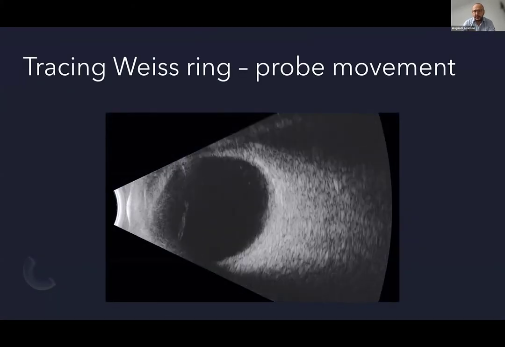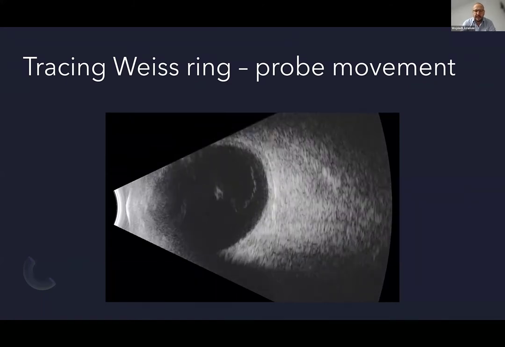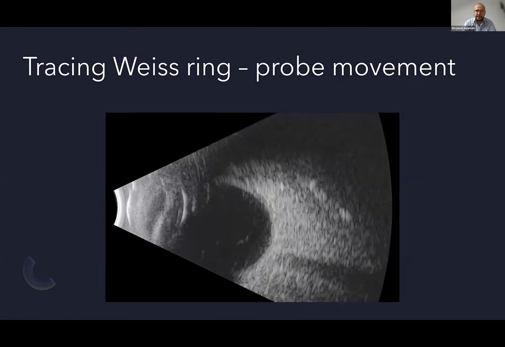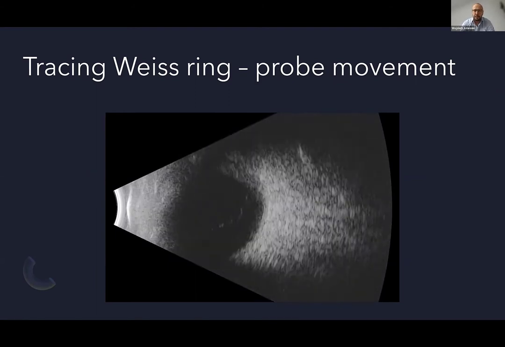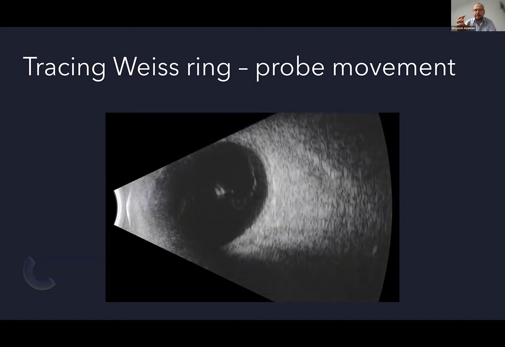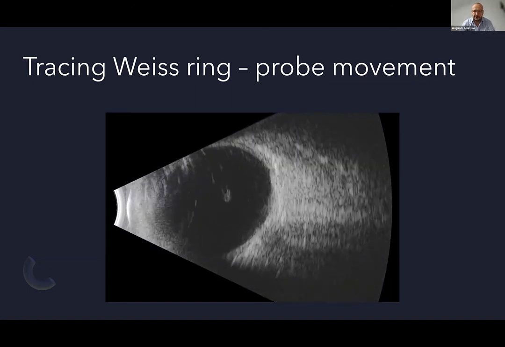Obviously, everyone who has held an ultrasound probe in hand knows that it is a dynamic examination. So it's not really objective in the sense that we get a single frame of examination that tells us everything about the situation in the eye.